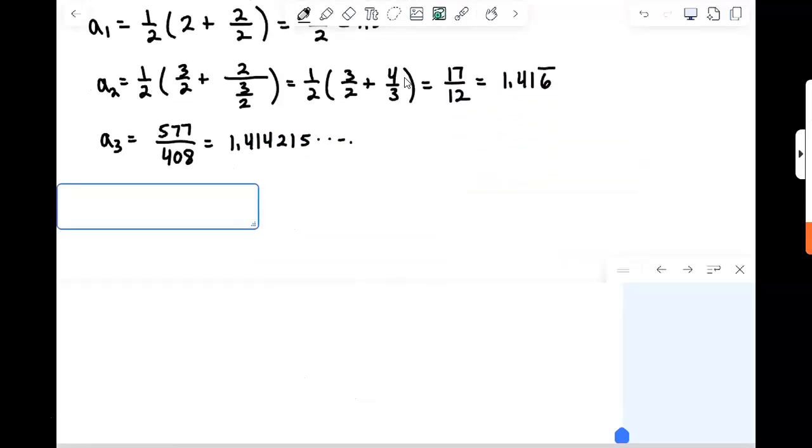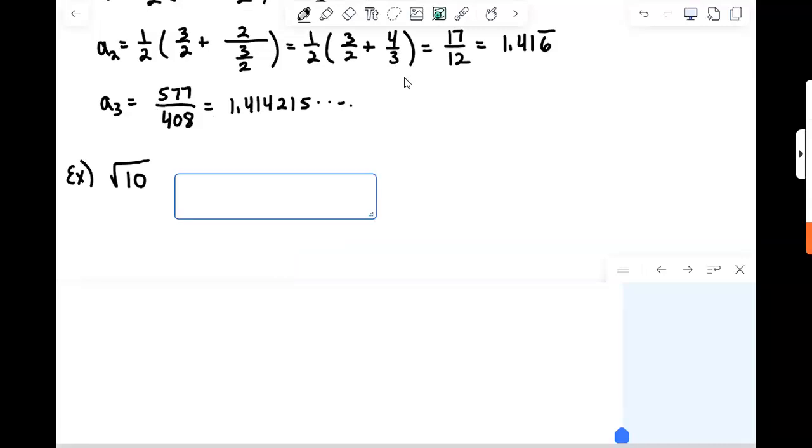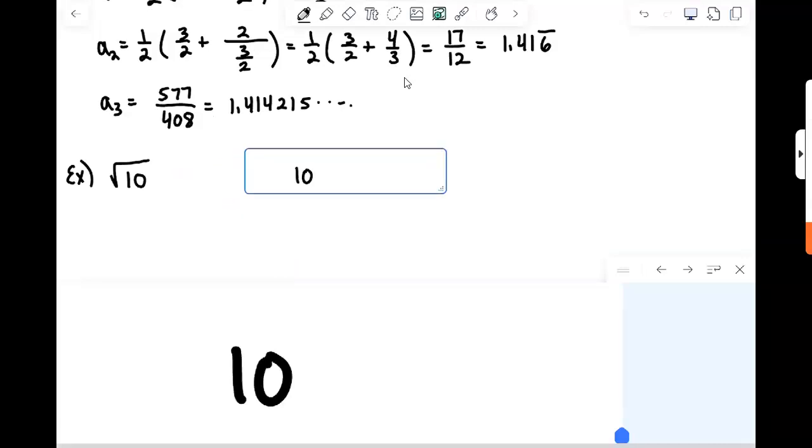Let's just look at a second example real quick. This one I'm going to mostly just do on the calculator, so I can keep using my previous value off the calculator. So the square root of 10, let's look at that one. My initial guess, of course, would be 10.